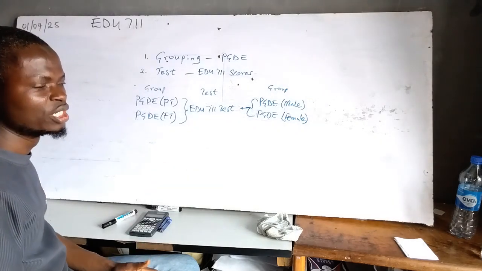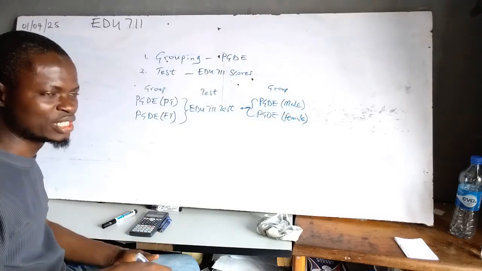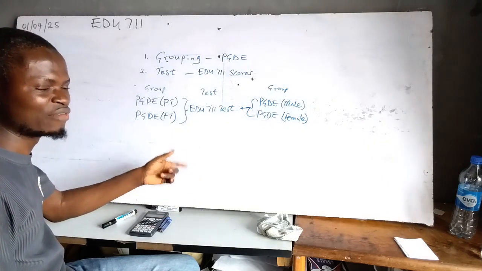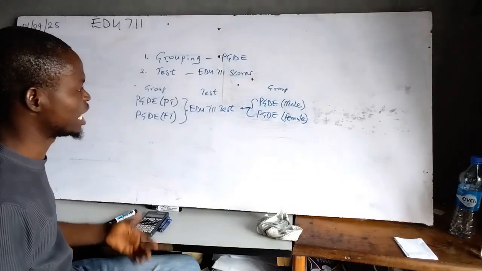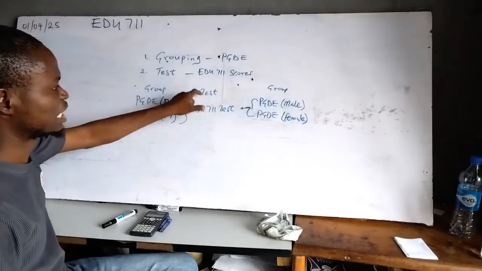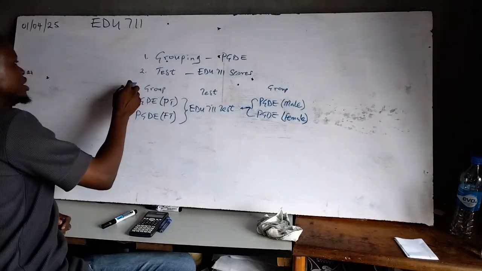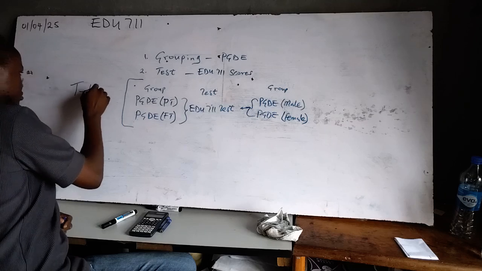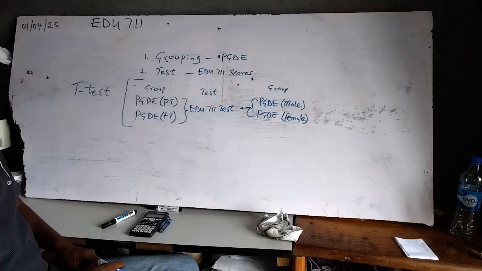Group A could be those PGD students who had their undergraduate in UNILAG, while group B is those who did not. It could vary as much as possible, but you have two groups, then a single test is assigned to them. So in this case, what you will do is t-test.